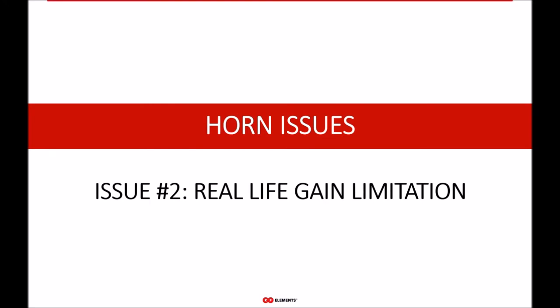So the issue with horns, number 2, is the limit to the gain they can actually achieve in real life. In other words, we cannot increase the gain of horns indefinitely.